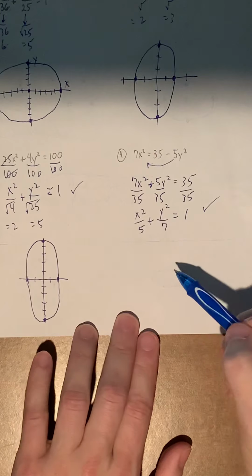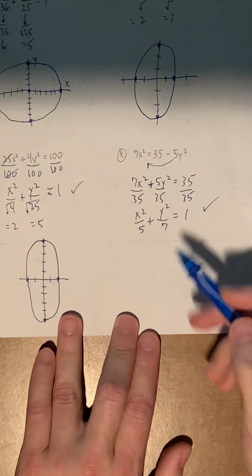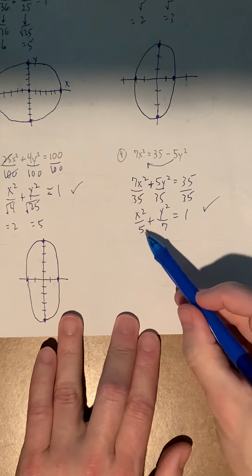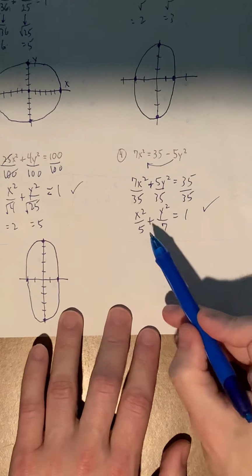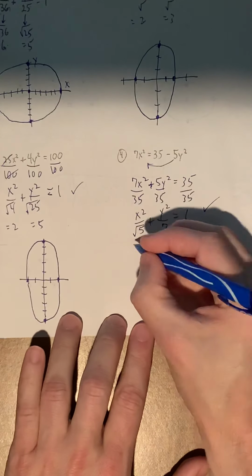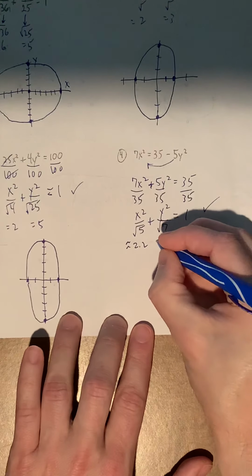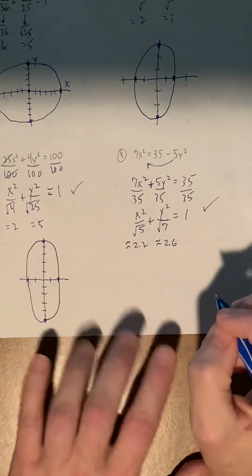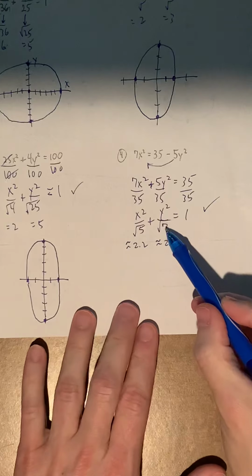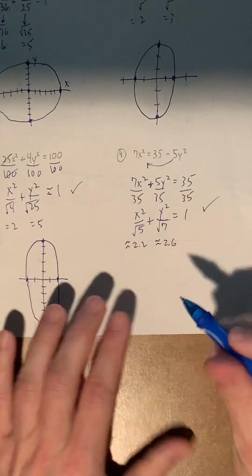When you go to take the square root, you can either leave it in radical form, or you can get decimals. Making these decimals might be easier to approximate. It's up to you. Square root of 5 is about 2.2. Square root of 7 is about 2.6. So if you want to make them rounded decimals, you may, and just approximate, that's fine.